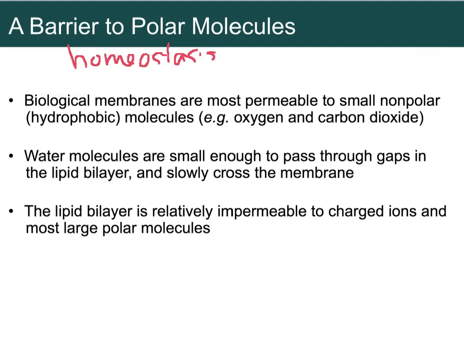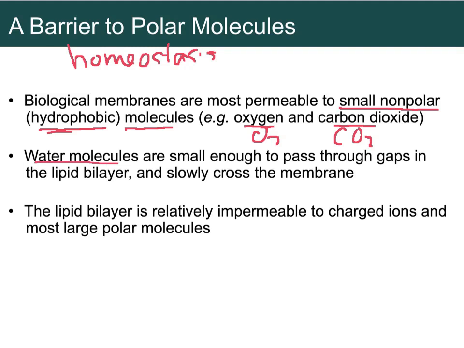Usually the things that are most permeable, the things that can go through the most, are small nonpolar molecules, which means they're hydrophobic, like oxygen and carbon dioxide. Oxygen is O2, carbon dioxide is CO2, so they're really small. Water can usually go through, because it's small enough to pass through the gaps.